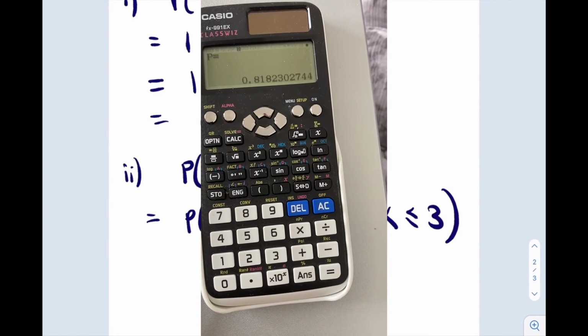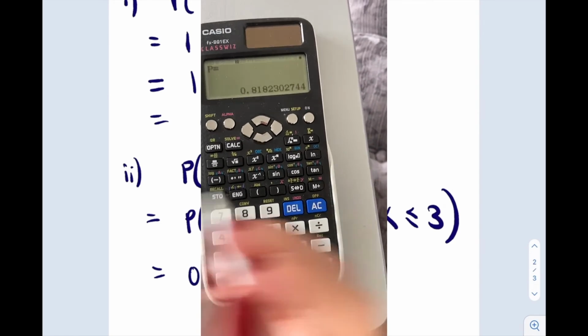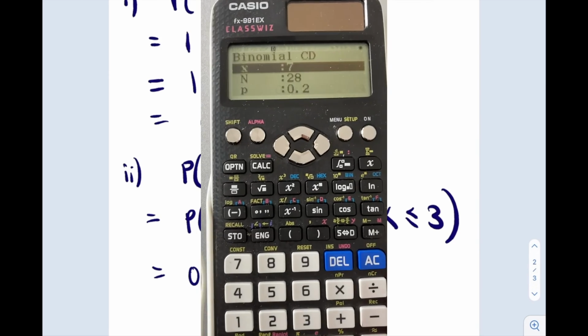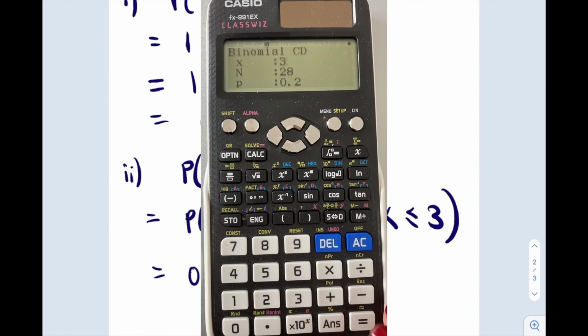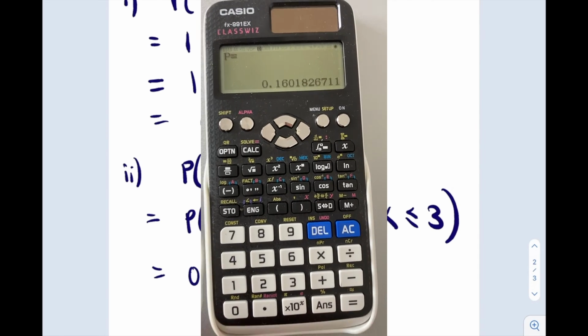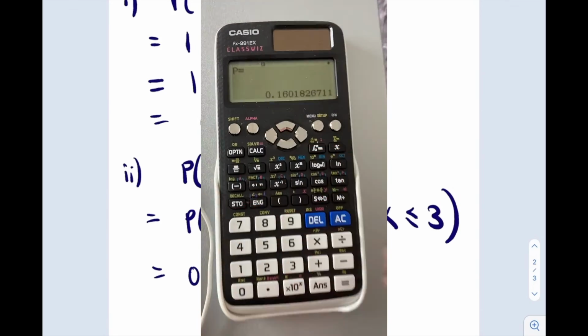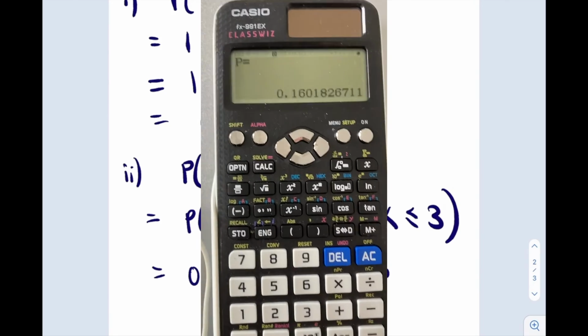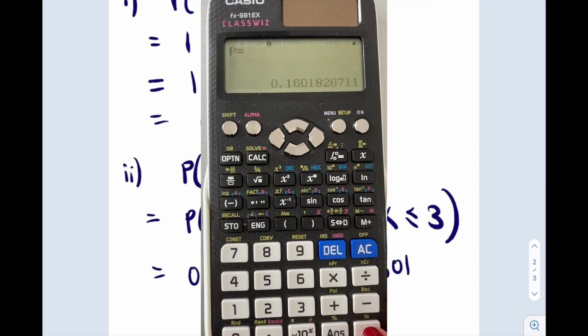So my probability for that is 0.8182 to 4 decimal places. And I'm also going to need the probability that I'm less than or equal to 3. And that one is 0.1601. And that's my calculator finished with.